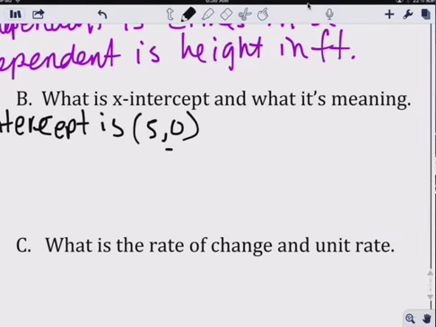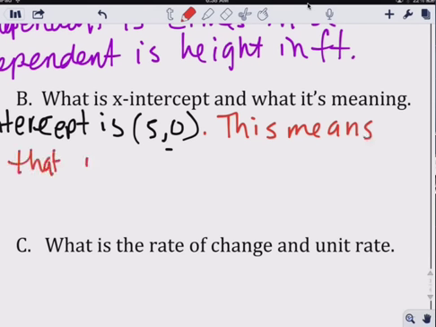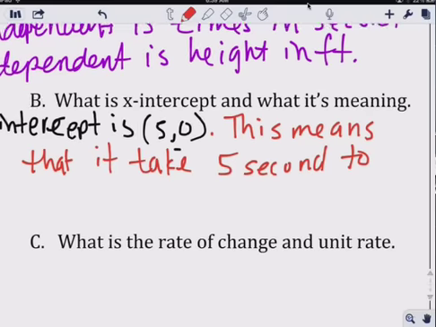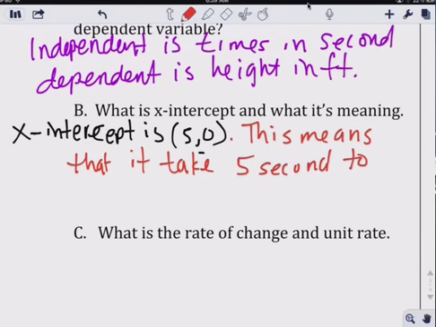This means, explain its meaning, or her, can be a her. This means that it takes 5 seconds to get to the bottom of the skating ramp.